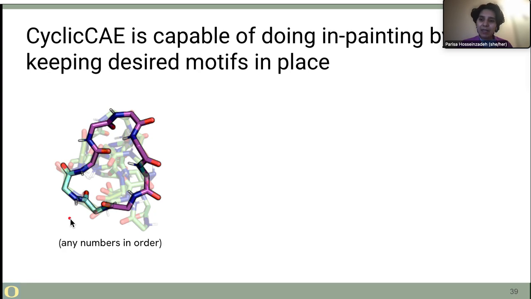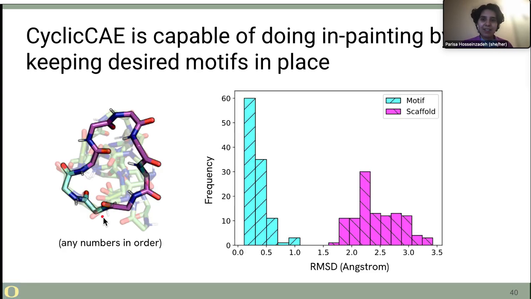Also, I should say that any number is acceptable as long as they're in order. So we tried that, and it worked really nicely. You can see that the anchor or the motif are here, moving less than 1 angstrom, whereas the scaffold is over there sampling a lot of things.